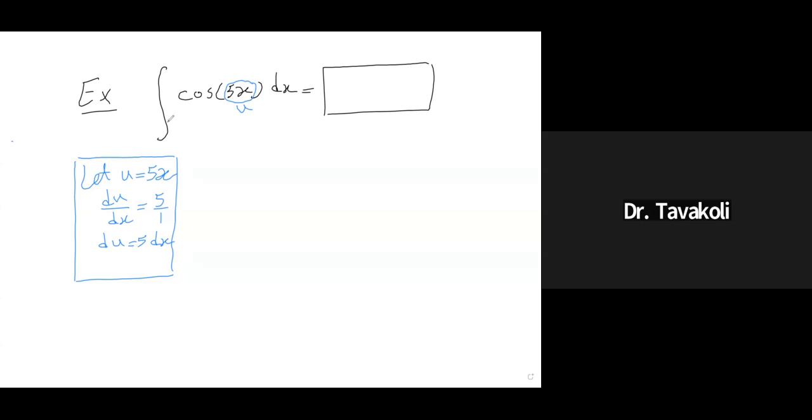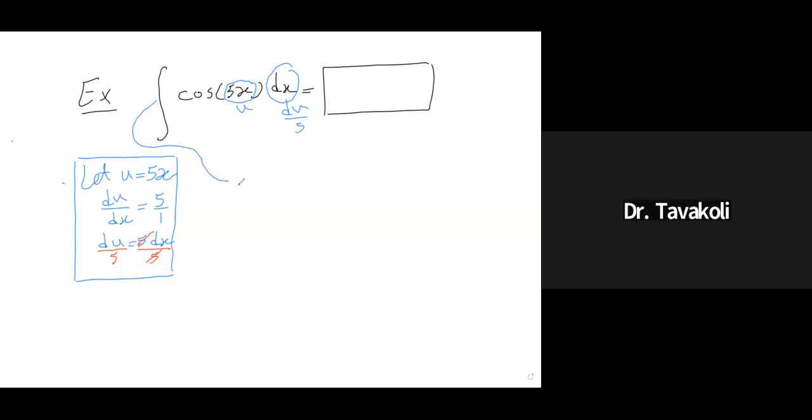I don't have 5 dx here, I have just dx. So if in this equality here, if I divide both sides by 5, dx is du over 5. So this dx here is the same as du over 5.